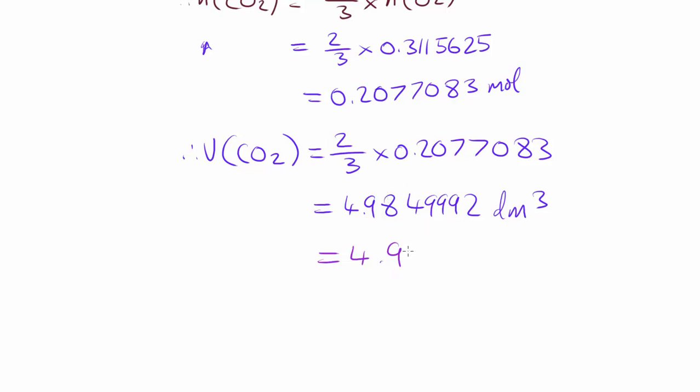So 4.98, in decimeters cubed, to 2 decimal places. So our volume for the carbon dioxide is 4.98 decimeters cubed.